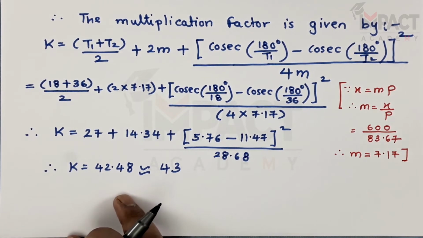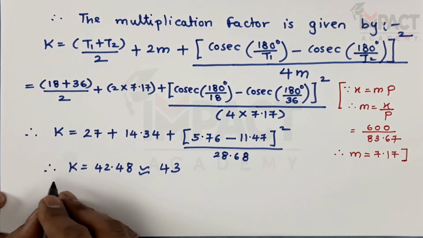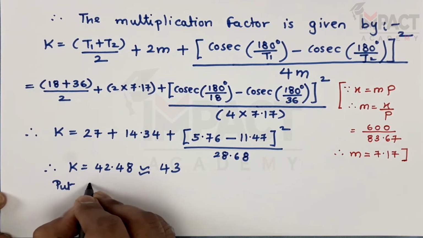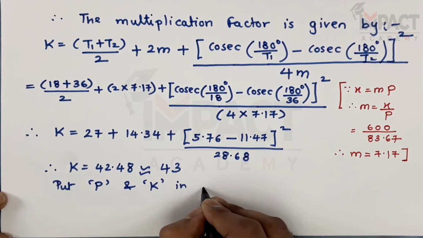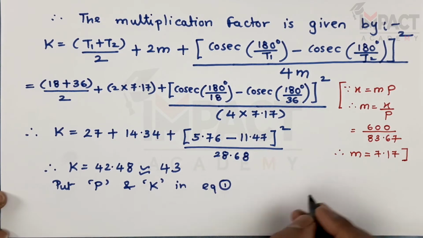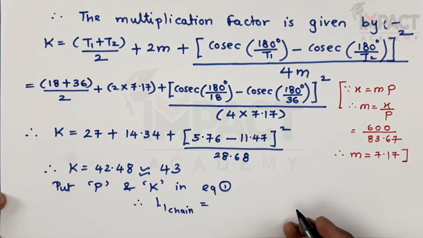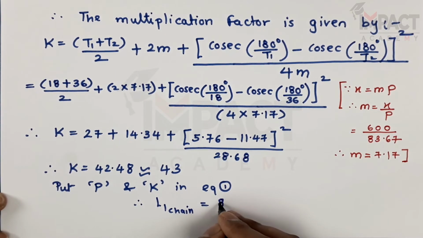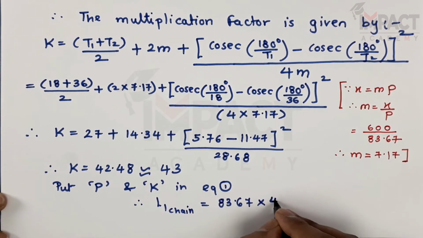Now once K is known and the pitch is known, we can put them in equation number 1. So I'll say put pitch and the multiplication factor K in equation 1. So therefore the length of the chain will be equal to, pitch is 83.67 and K is 43.